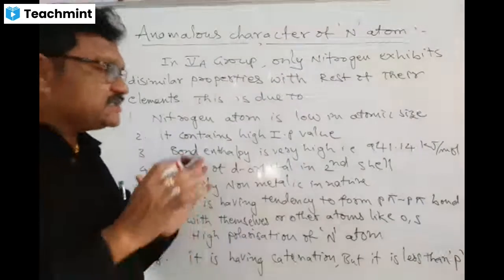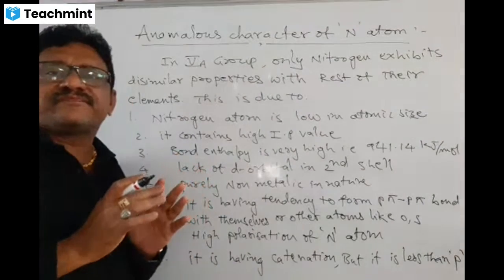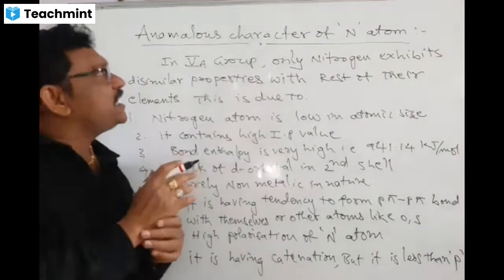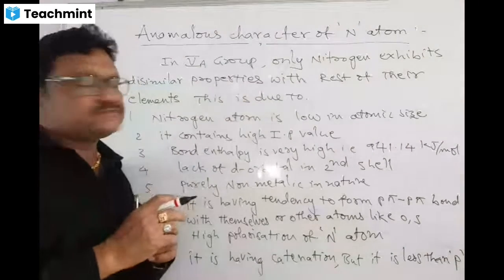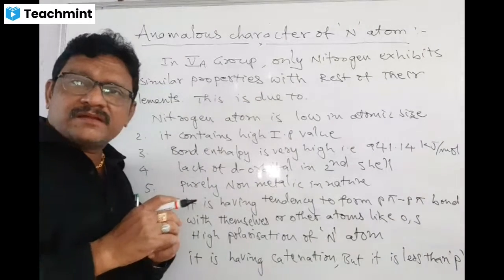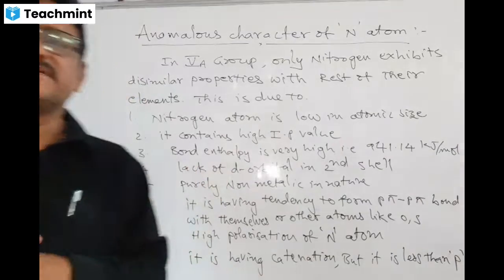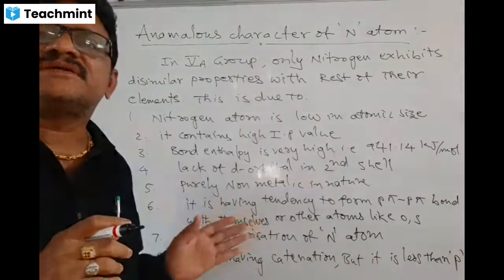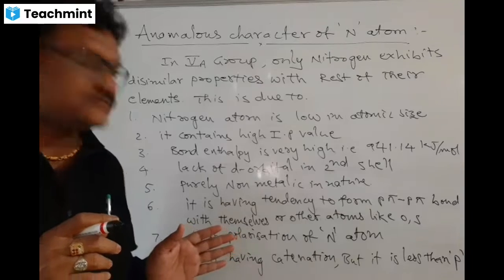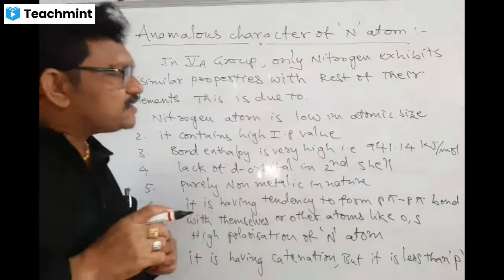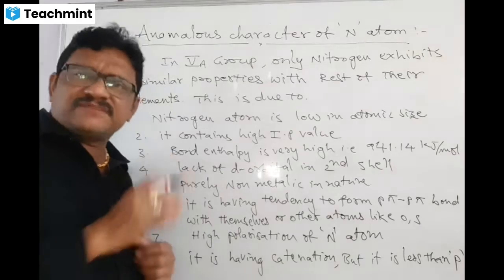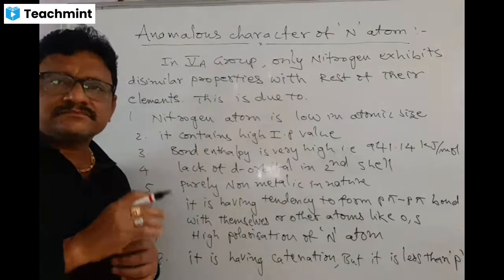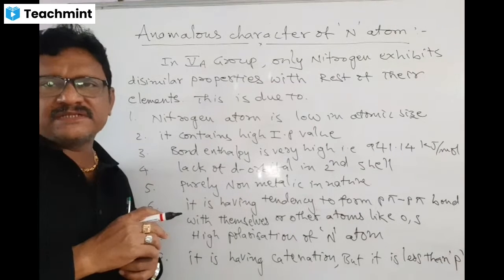These are the main reasons for causing anomalous behavior of nitrogen atoms, so that nitrogen can exhibit dissimilar properties. Very important points, please note down. I think we covered almost all the points. Reasons for anomalous behavior.